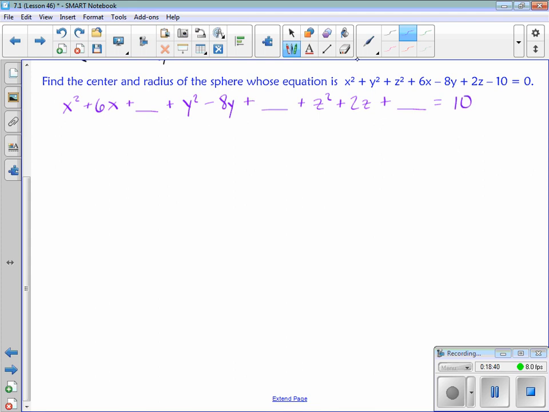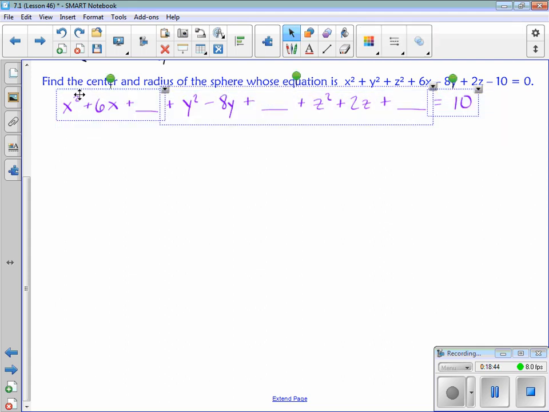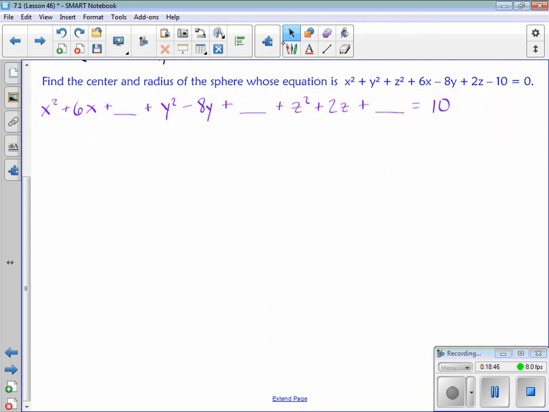Now, if you remember, anything I add to the left-hand side, I also have to add to the right-hand side. So I have a plus blank here, here, and here, so I'm going to have 3 of them here. So I'm just going to add those into my spot here. And now going into this spot, this is my b value, right?